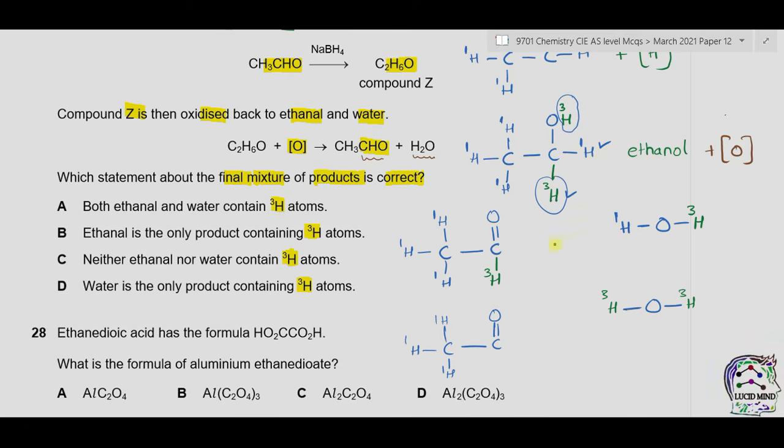This hydrogen will be left along with this carbon. Now in the final mixture of products, we can see we have these 4 products that could be formed, and aldehyde and water both consist of tritium hydrogen atoms. The correct answer is therefore A.